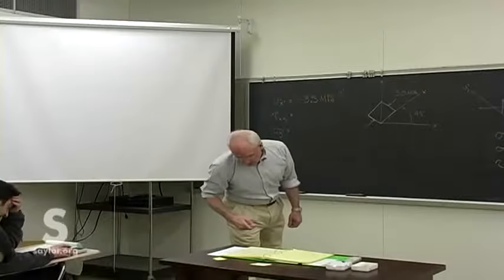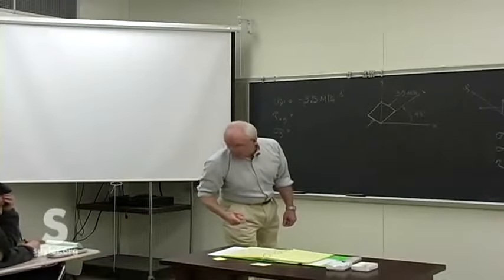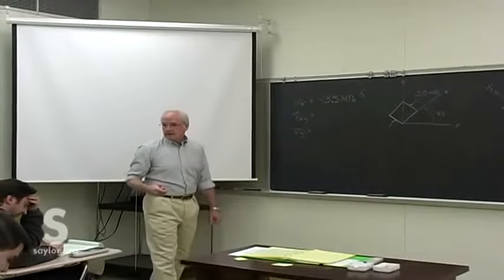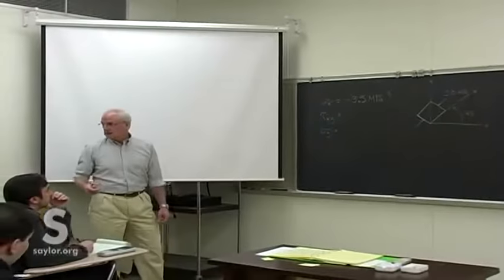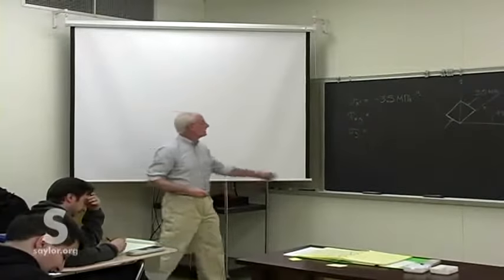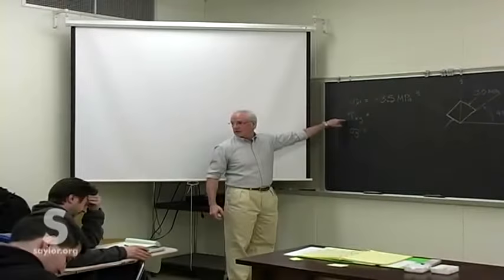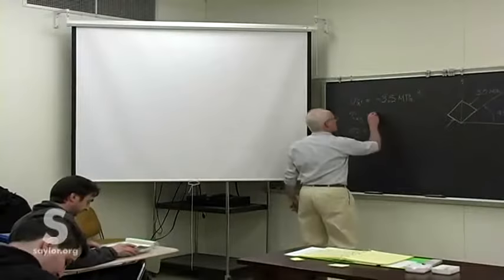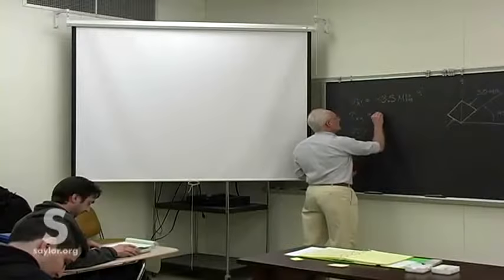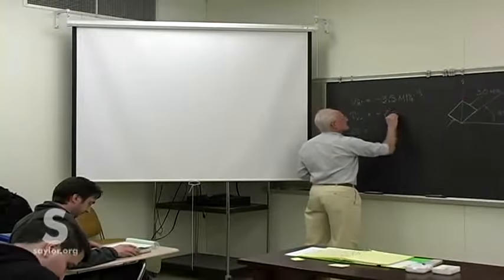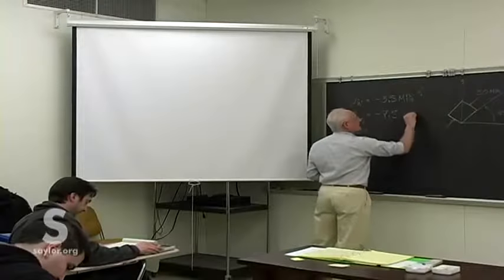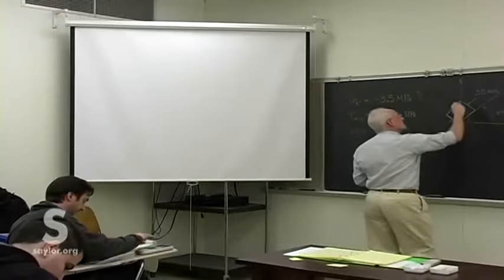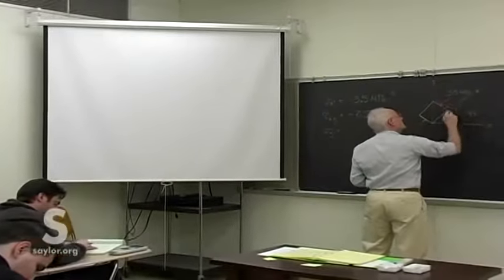How about sigma y prime or tau xy? Nope, we're not going to you, Chris. Travis, what do you have for tau x prime y prime? Negative 7.5. Negative 7.5 megapascals, so that's on a negative direction.